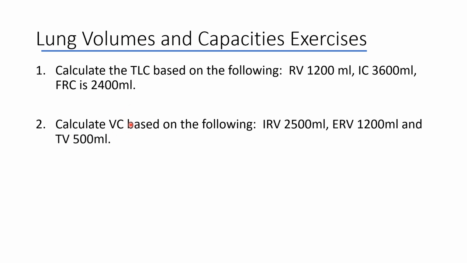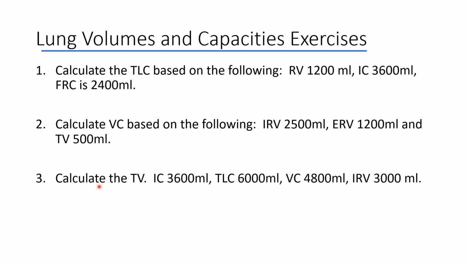You can calculate vital capacity based on the following volumes. You can calculate the tidal volume if you have the capacities and so forth. So go back to the chart, crunch a few numbers here and there. These were inserted by the course coordinators, which means that these kinds of problems may be likely when we get on to either the quizzes or the exams.